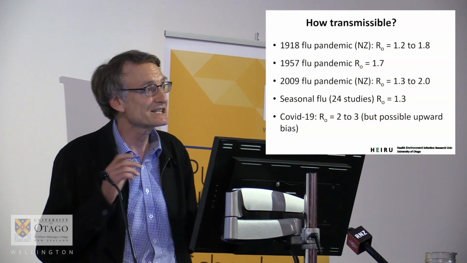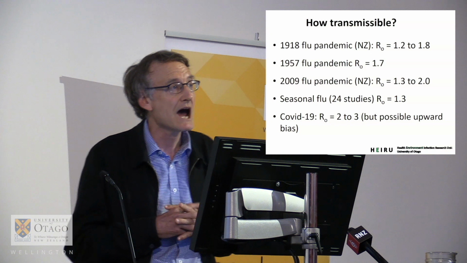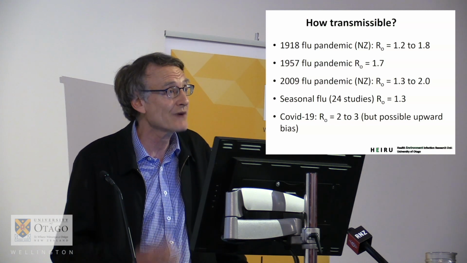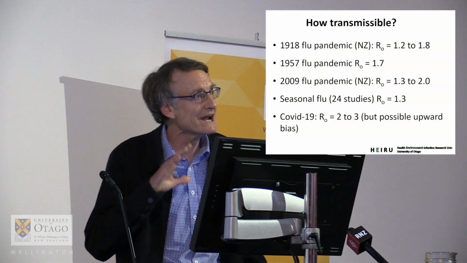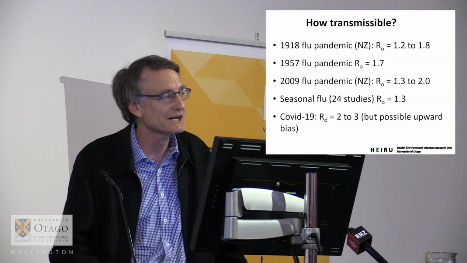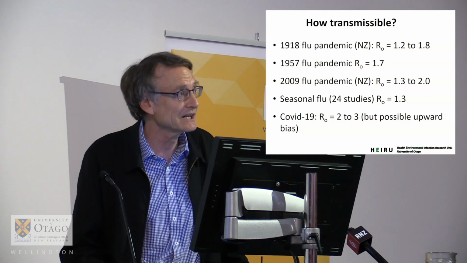ballpark. But the studies so far on this new coronavirus suggest it is more infectious than those typical past pandemics, in the range of 2 to 3. But the way that people have been able to calculate those, there's probably an upward bias, and maybe the true value will emerge to be actually less than 2.